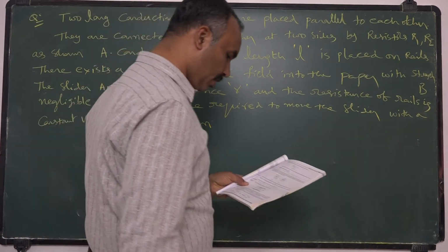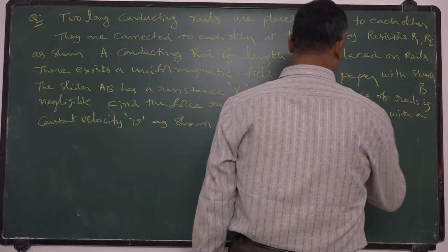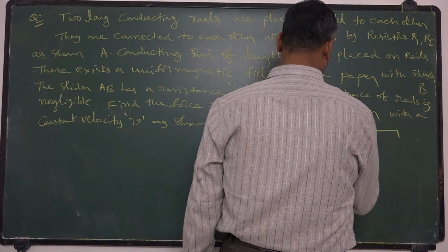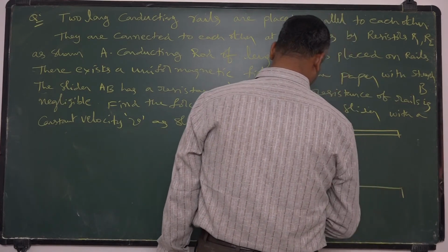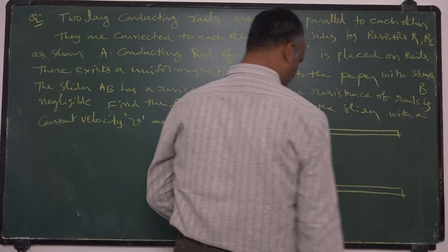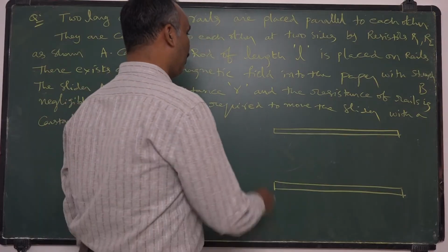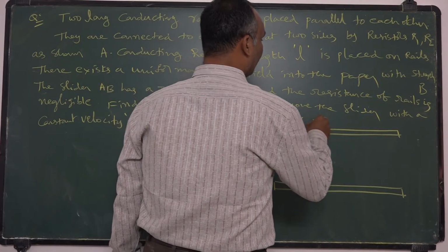Okay. The diagram: these are the two parallel rails kept in a region of uniform magnetic field into the paper.